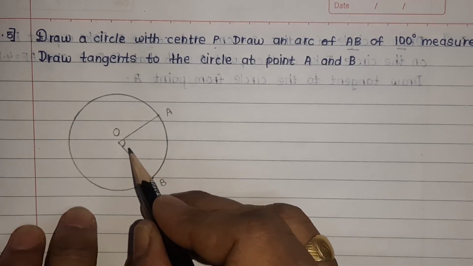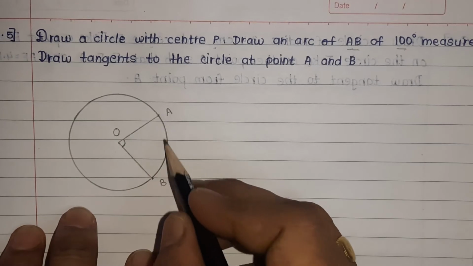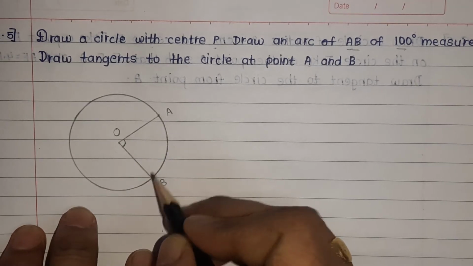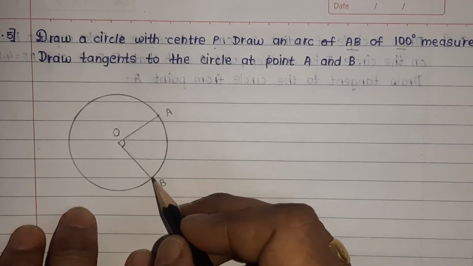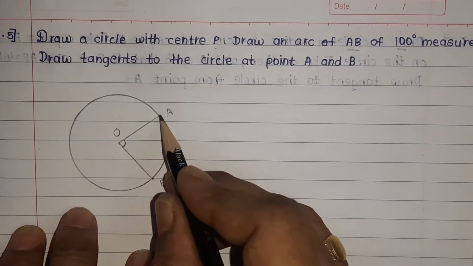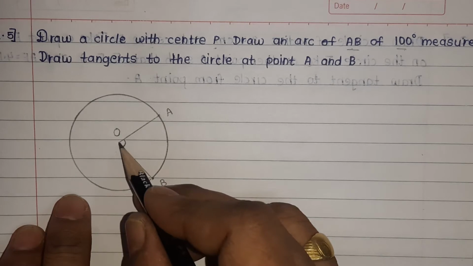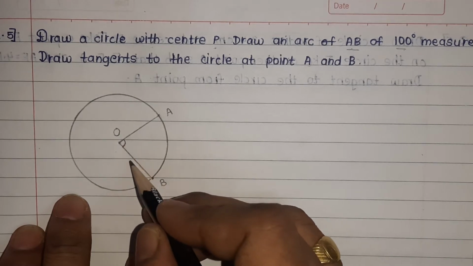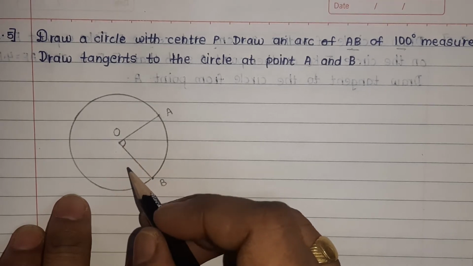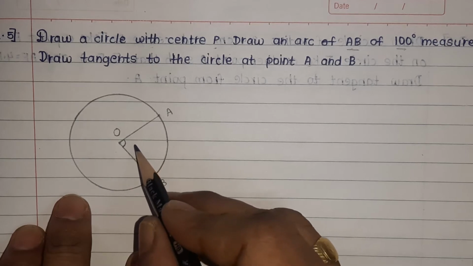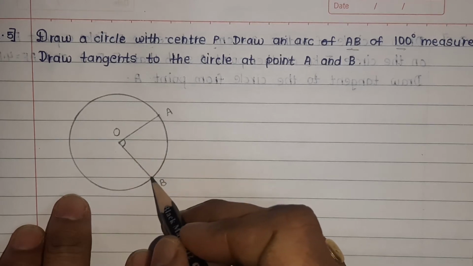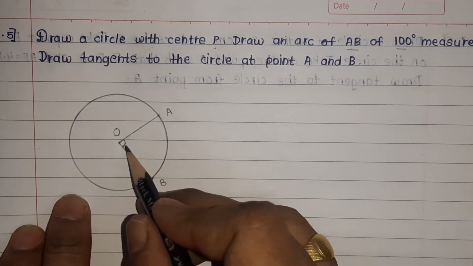Got it? The measure of this arc is equal to the measure of its central angle. Dear students, suppose AB is an arc. A and B are the end points of that arc. If these end points are joined with the center, then at the center one angle is formed, and that angle is known as a central angle. There is a relation between the measure of this arc and the measure of this central angle.